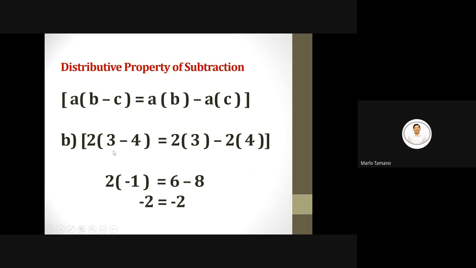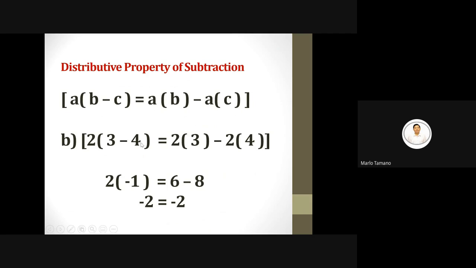Then copy the subtraction operation. So let us simplify now. 3 minus 4, that is negative 1. Okay, so we know the ruling under subtraction of integers. So first, if it is subtraction, of course, change the operation into addition. Papalitan niyo po ito. Then, second step, change the sign of the subtrahend.